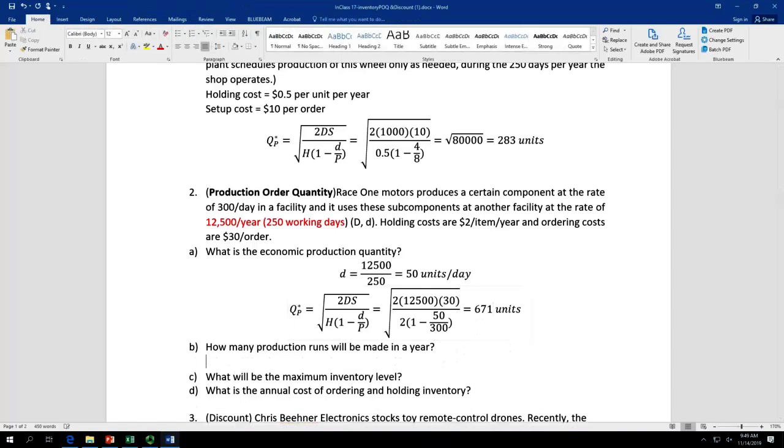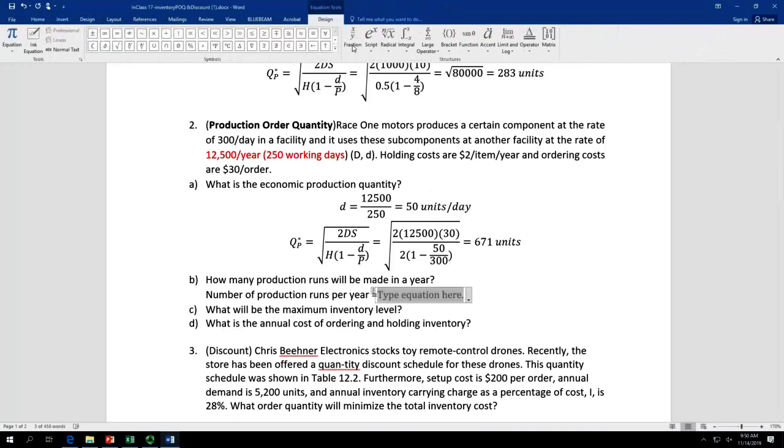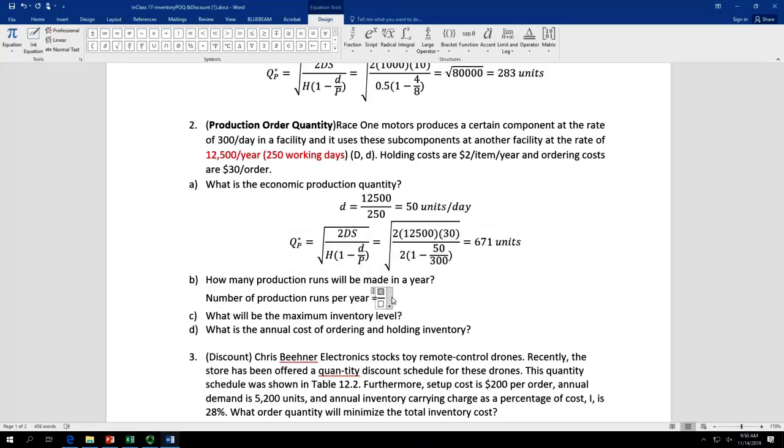That's the first one. And the second question is, how many production runs will be made in each year? So how many production runs per year? Because it is per year, I'm thinking the number of production runs per year equals 12500 divided by 671.